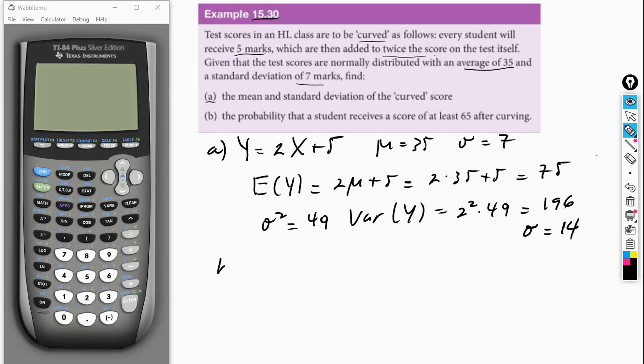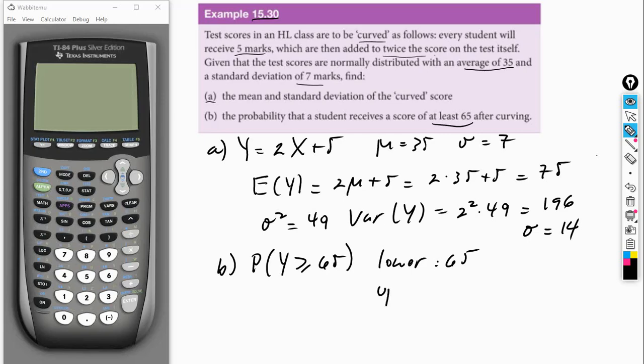For part B, they want us to find the probability that a student receives a score of at least 65 after curving. So that means the probability that y is greater than or equal to 65. So for this, we're going to need the GDC. But first, let's define a few things. Now, notice that the lower limit here, for this case, is 65.